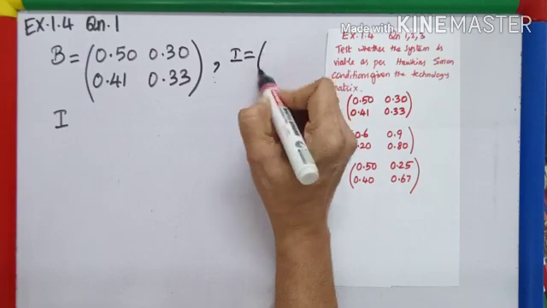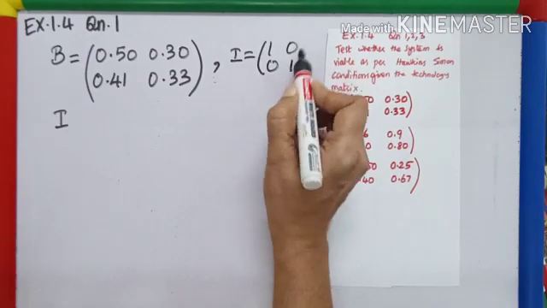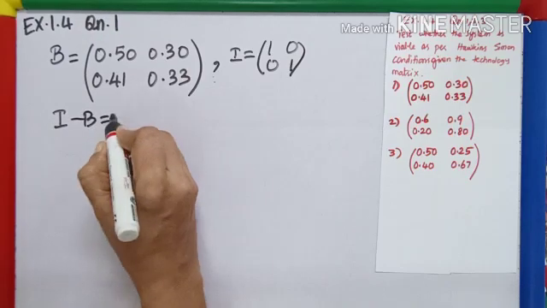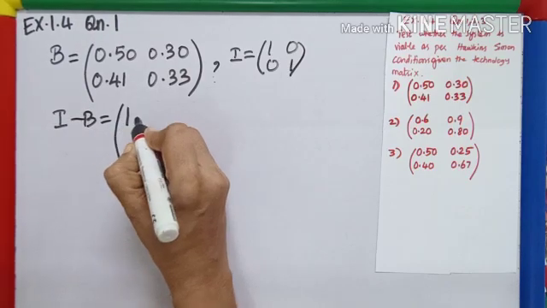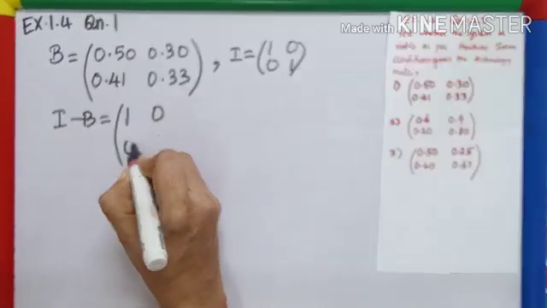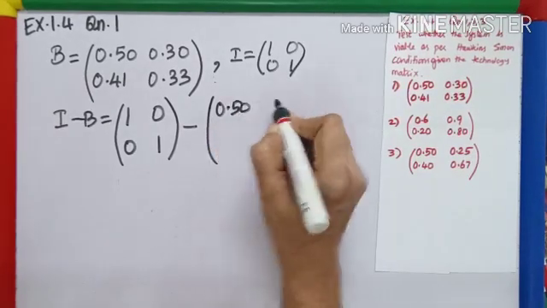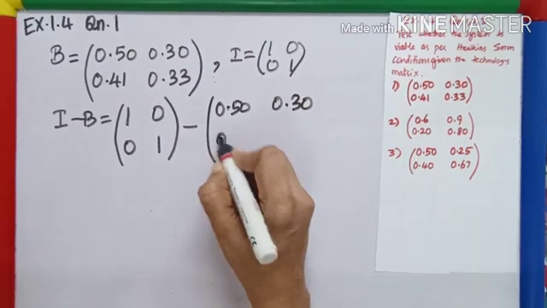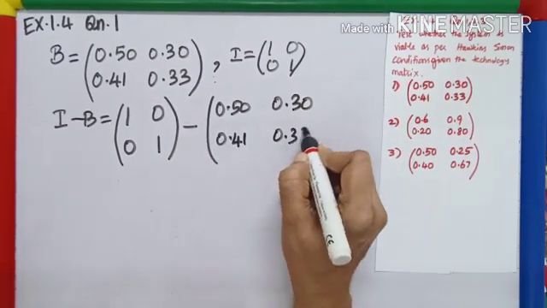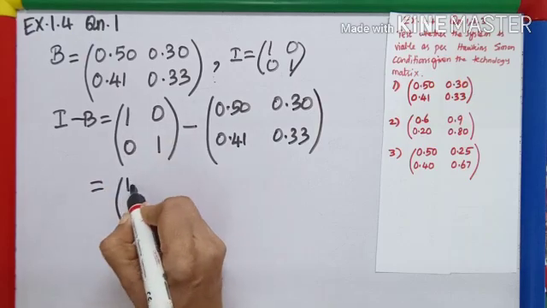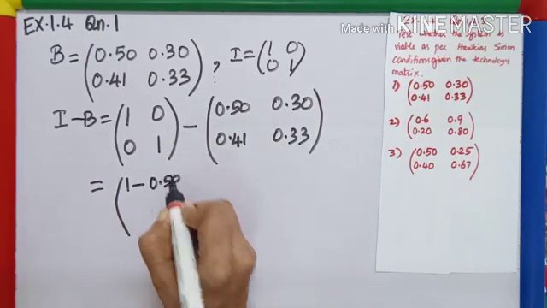Find out I minus B. We should know what is I, that is 1001. Find out I minus B, that is 1001 minus 0.50, 0.30, 0.41, 0.33. How do you subtract 1 minus 0.50?